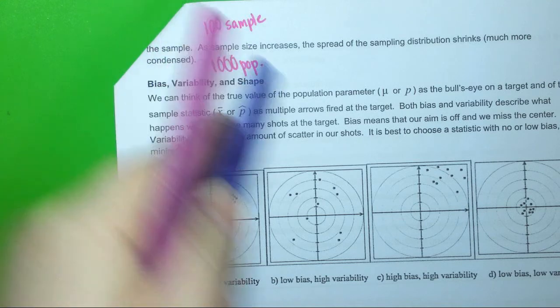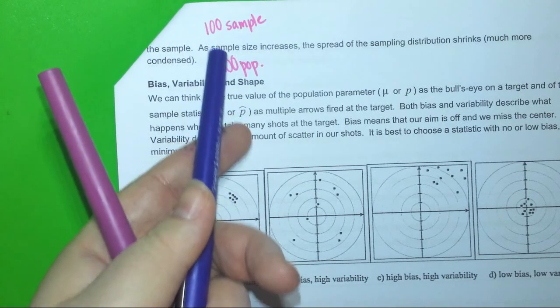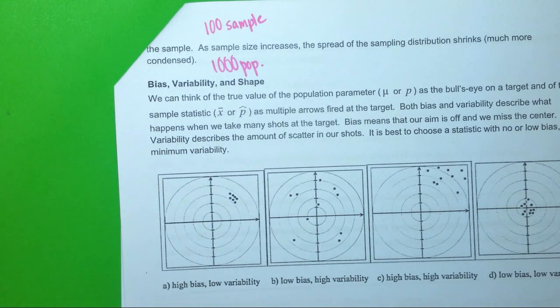So our sample could be up to 100. We could just do 10. But as our sample size increases, the spread of the sampling distribution shrinks, so it becomes much more condensed. So if we did just a sample of 10 from this 1,000, we're going to have a lot of spread. Whereas if we do a sample of 100 from our 1,000, it's not going to have as much spread.